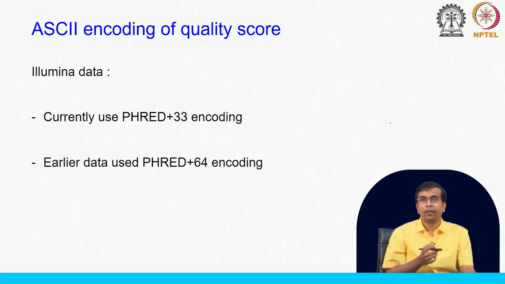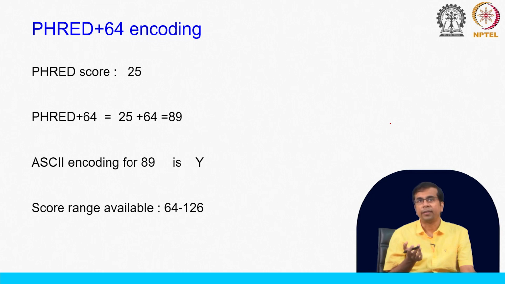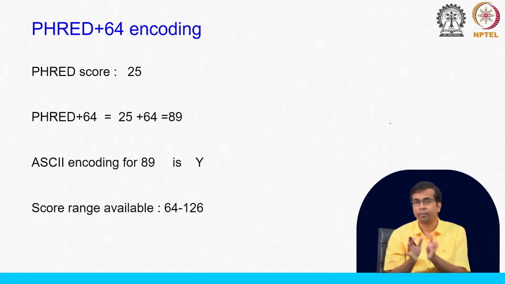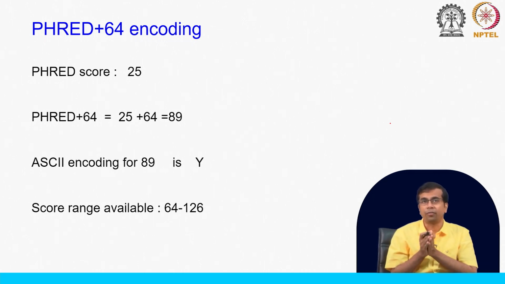Okay. Earlier Illumina used Phred plus 64 encoding. So, in that case the range was different, right. If you take the same example of a Phred score of 25 in Phred plus 64 encoding, you will get 25 plus 64, right.